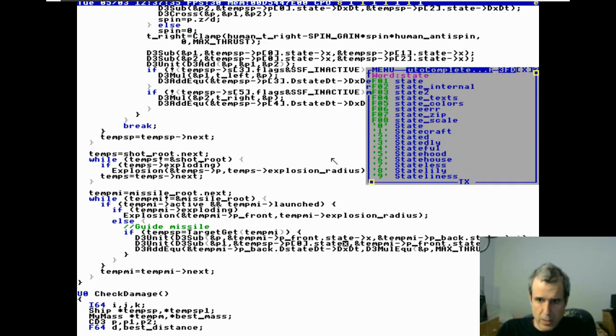And is that a dot? Yeah, it is. No, it's not.